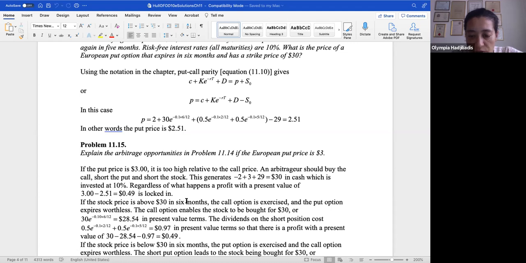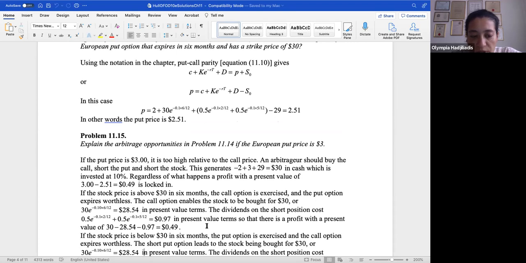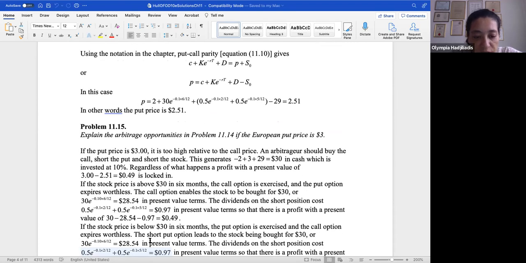The dividends on the short position cost 0.5 e to the minus 0.1 times 2/12, plus 0.5 e to the minus 0.1 times 5/12, which is 97 cents in present value terms, so that there is a profit with a present value of 30 minus 28.54 minus 0.97, which is 0.49.